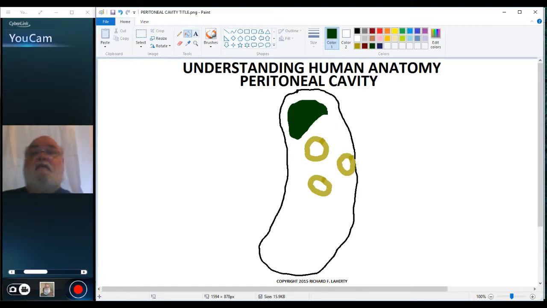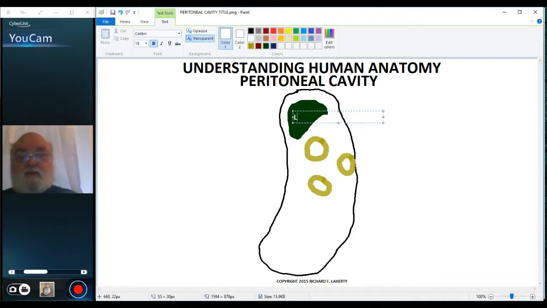Okay, and let's put some labels in here. This is the liver. And we'll move down here, and in the stomach I'm just going to use a capital S and a capital T to indicate stomach.